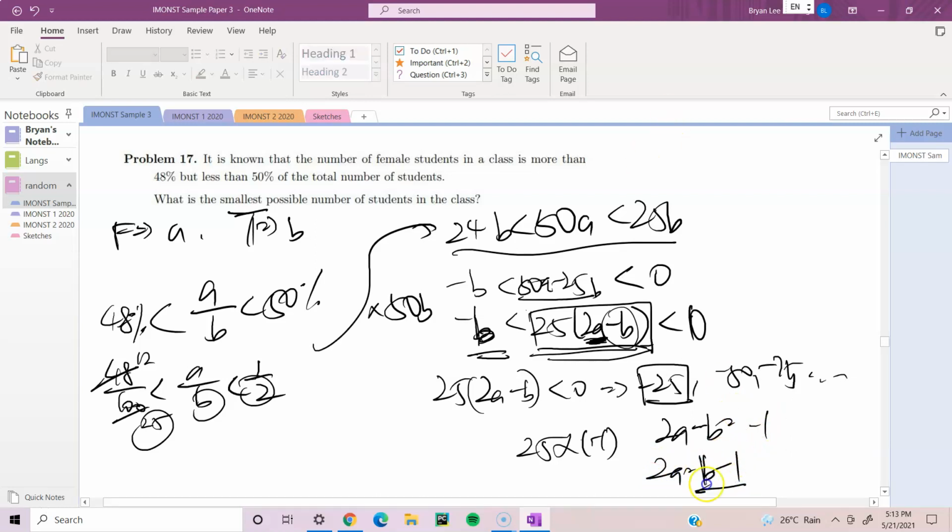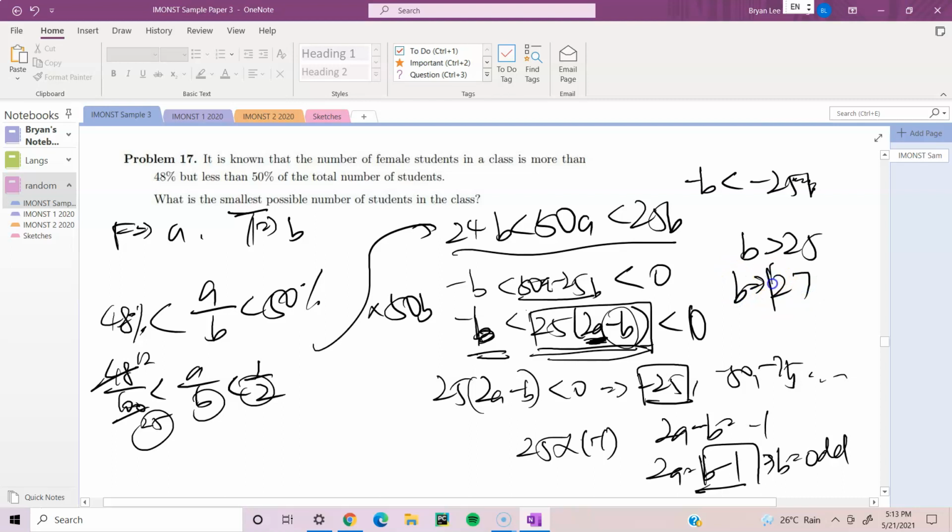So b is odd, and then negative b is smaller than negative 25, which means b is larger than 25. So the smallest odd number larger than 25 would obviously be 27. So for problem 17, the answer would be 27.